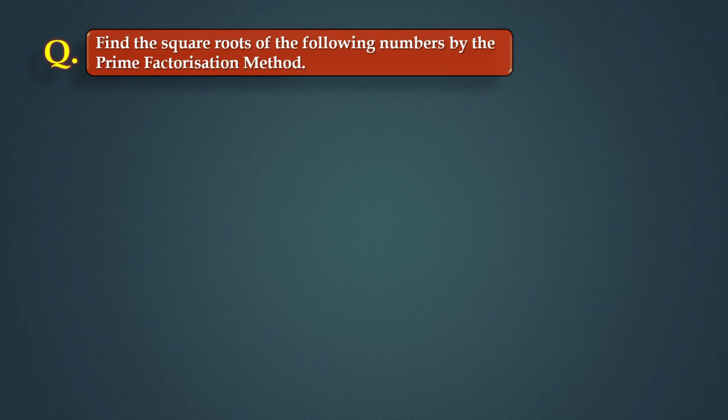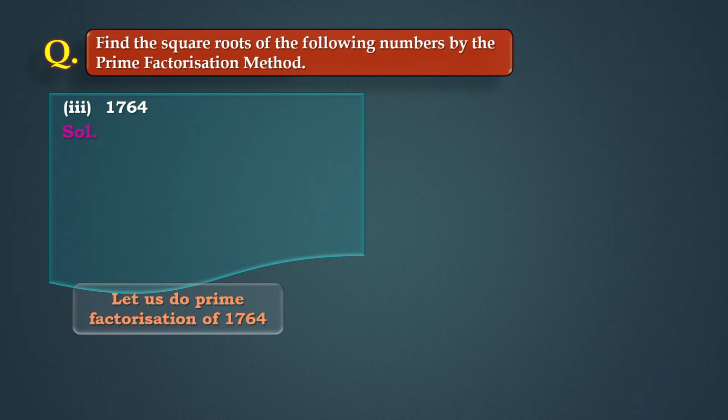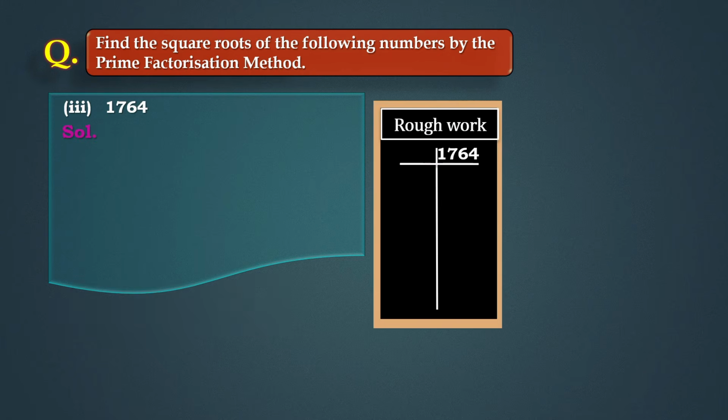Now students, let us solve one more example using the prime factorization method. We are given the number 1764. First, we will find its prime factors. Start dividing the number by the smallest prime number. 1764 divided by 2 gives 882. 882 divided by 2 gives 441.